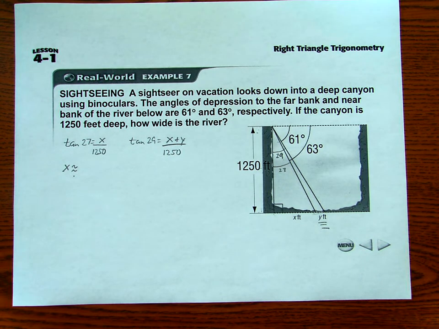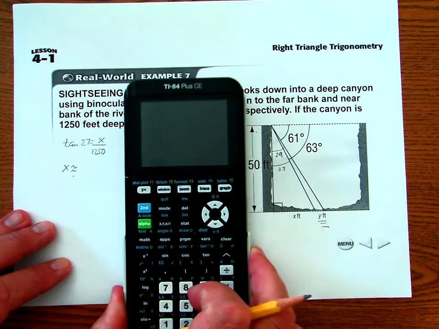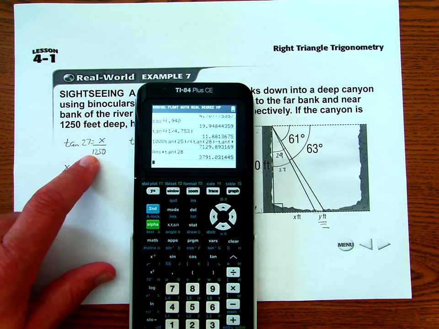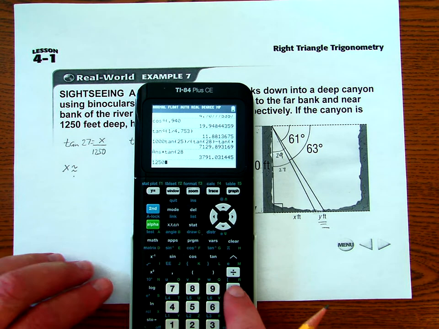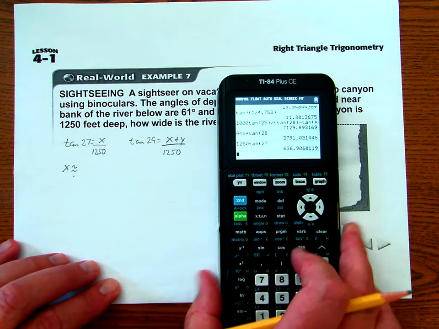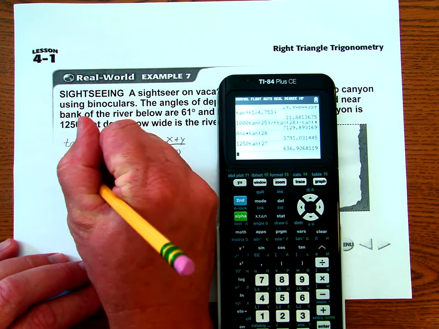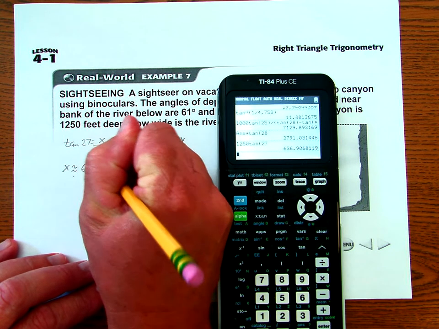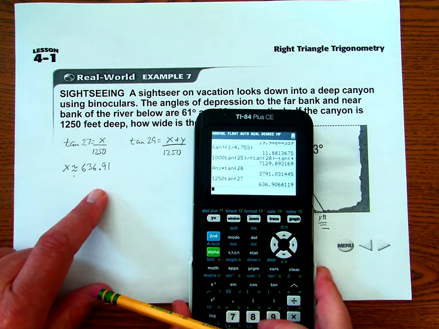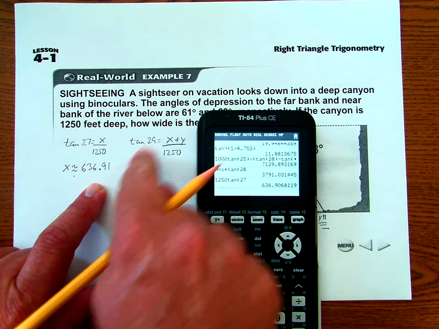So on to the calculator here. This is going to be 1,250 times the tangent of 27, and we get about 636.91. I'm going to give a couple more decimal places than you would really need in the final answer, because we're going to be using that as part of the next problem.